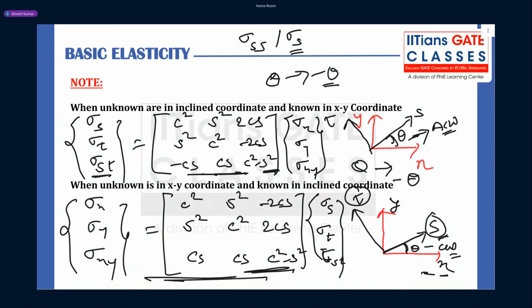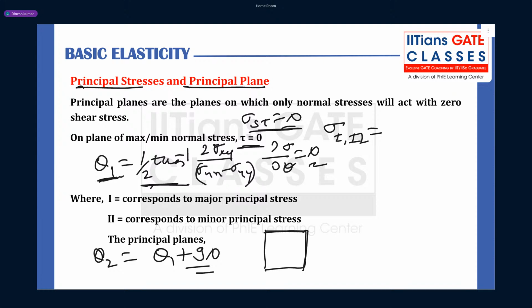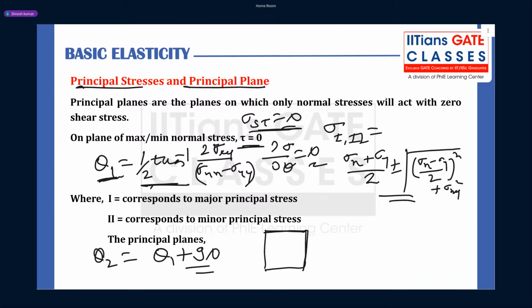That will be coming as sigma x plus sigma y by 2 plus minus under root of (sigma x minus sigma y by 2) square plus sigma xy square. Plus means the first principal stress, minus means the second principal stress.